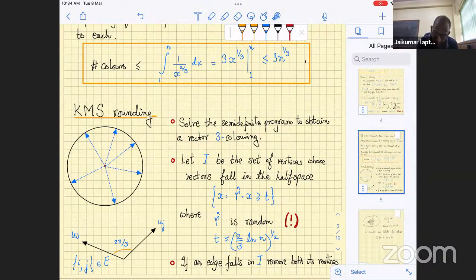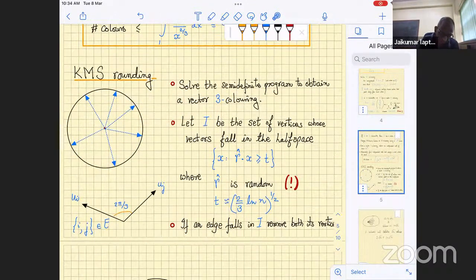So once I have got a vector three coloring, what property do I have? If you have adjacent vertices, they have been assigned color vectors which are well separated, by 120 degrees. So we take a random direction. Now what that random direction means, we will decide later. We take a random direction and consider a hyperplane with some distance t. This t has nothing to do with the previous t. This is some threshold.